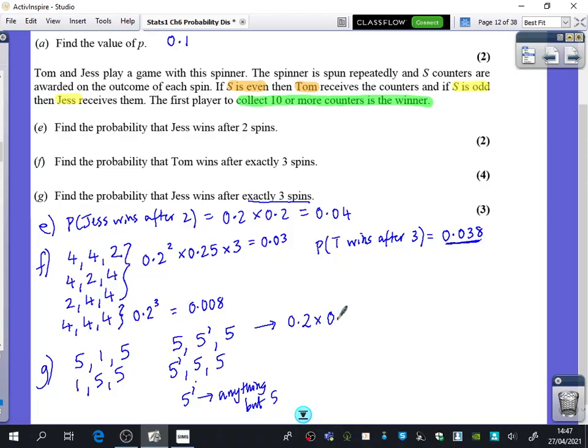So it's 0.2 times 0.8 times 0.2. And this one is not 5 times 5 times 5. In other words, these are 2 lots of 0.2 squared times 0.8. And the probability is 0.064.